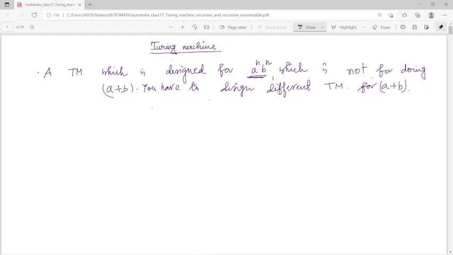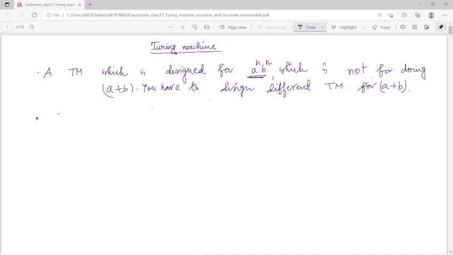But another computer can do both operations. For our classical computer, we do the same tasks: a to the power n b to the power n, as well as a plus b, can be done by the same computer.